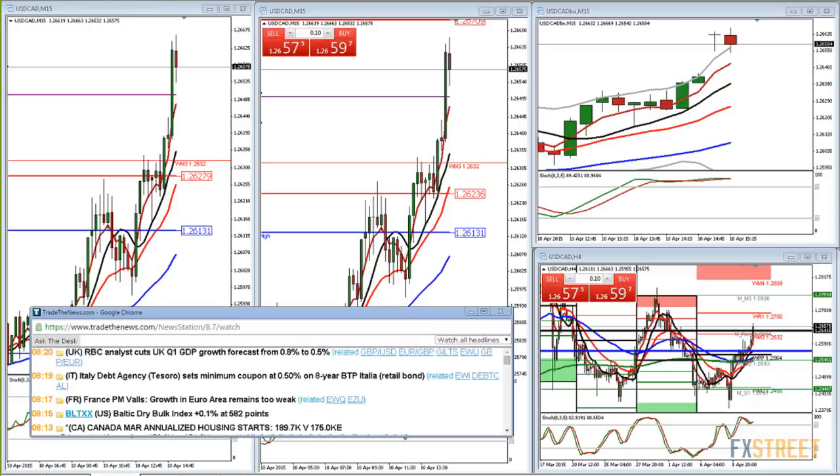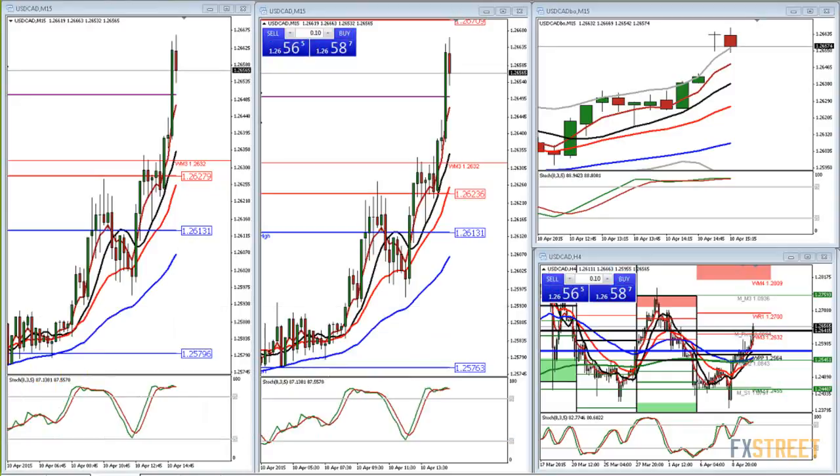That can't be that good, huh? Look at this. Royal Bank of Canada cutting UK GDP. Everybody's getting on the clue train. There's blood in the water for the British pound. So it looks like it's the bottom of the hour. We'll get that news, so we'll pay attention to that.